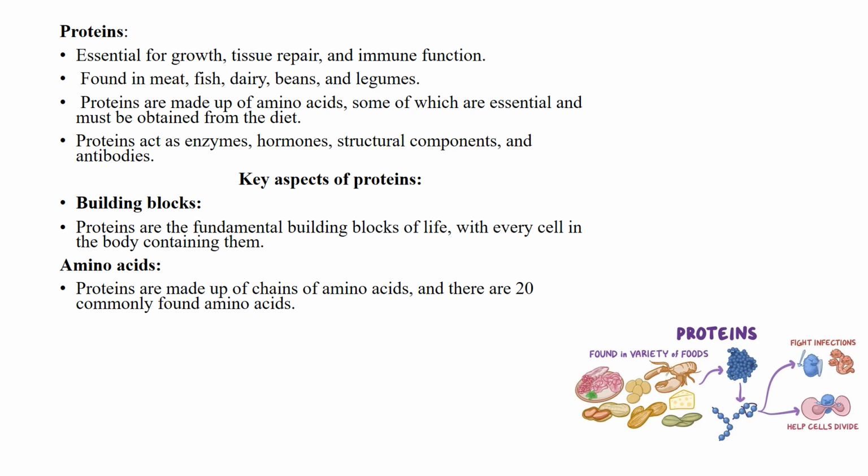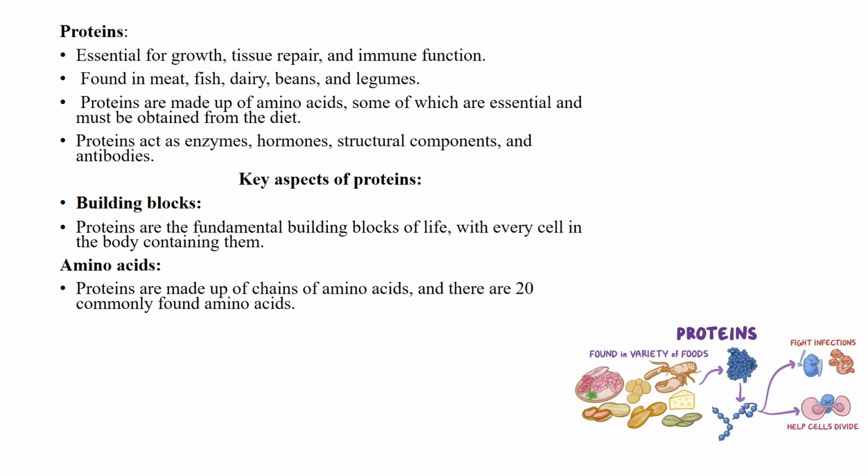Proteins may be classified into two types, essential amino acids and non-essential amino acids. Protein also acts as enzymes, hormones, structural components and antibodies, which act as part of the immune system.